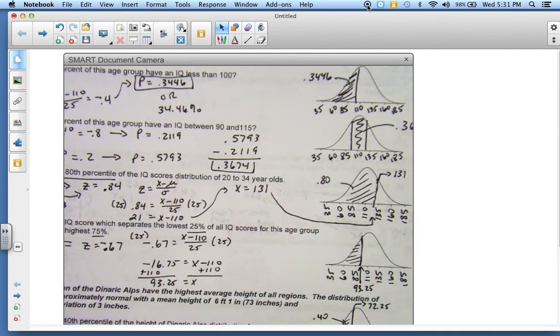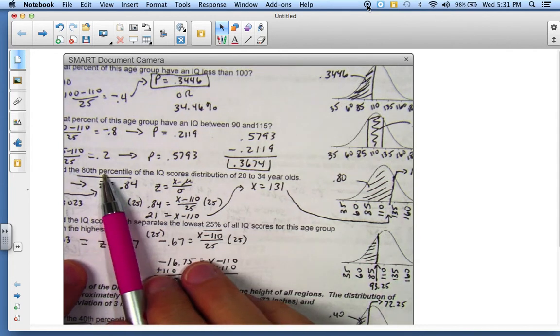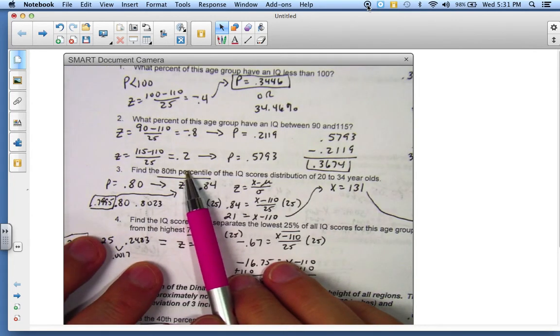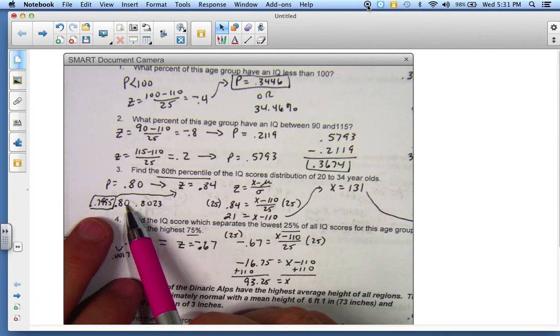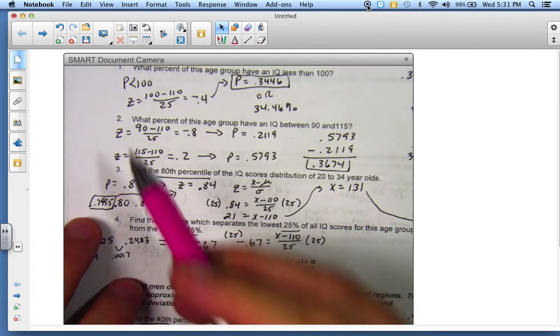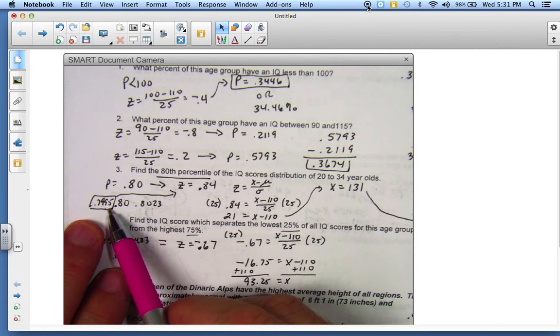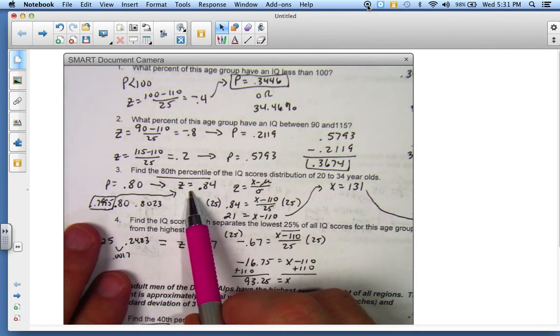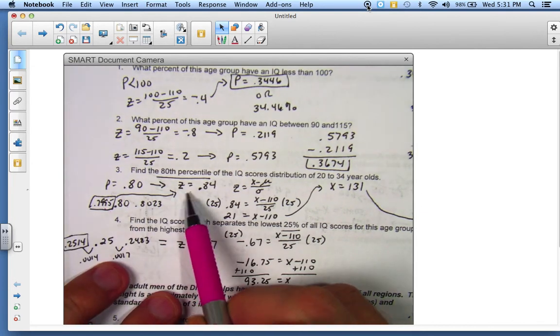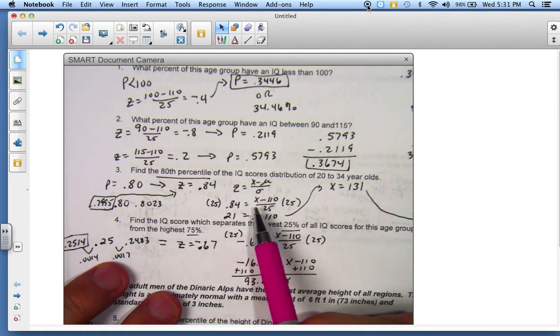Now, the next one, find the 80th percentile. Okay? It's given us our p-value. We've got to figure out which p-value it is in between. It's actually closer to 0.7995. And if you look at 0.7995, that's a z-score of 0.84. I'm then going to use the formula for z-score. So 0.84 equals x minus the average divided by standard deviation. I don't know what score that is.